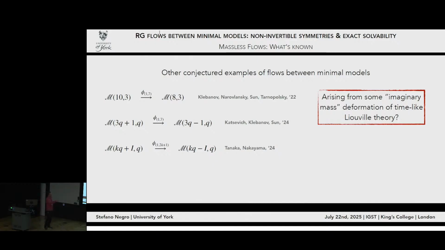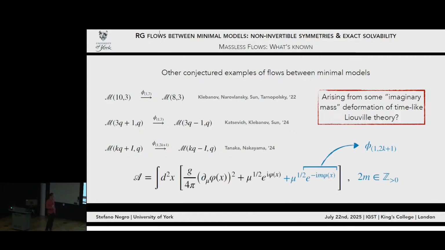And so, mimicking what I said before, we can ask: do these arise from some kind of imaginary mass version of, this time, Liouville field theory? Because if we think about generalized minimal models, where we have Liouville theory that describes the UV theory, with some central charge that is dictated by the parameters of the system, and we interpret this action as being the UV theory, we can identify the field phi 1,2k+1 with this exponential here, where m is related to k by a linear relation.